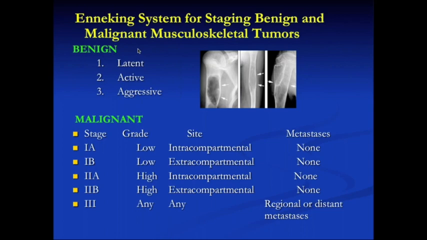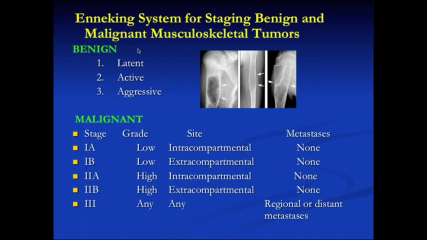So in benign tumors, as you can see in these images, the lesion could be latent, meaning it is lying there for ages. It could be active, meaning it is lying there, but it is gradually growing, or it could be aggressive, classically in a giant cell tumor.